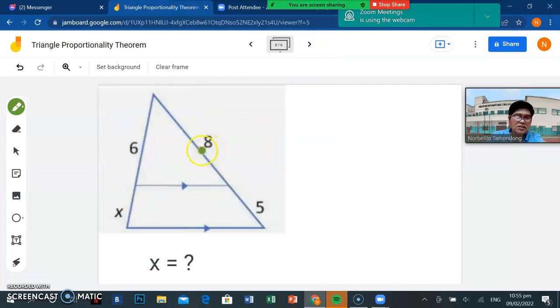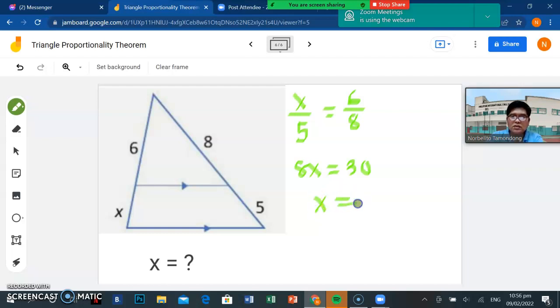Next, number 6, solve for x. Here, instead of using x is to 6, 5 is to 8, we will use this proportion: x is to 5 is equal to 6 is to 8. So 8x is equal to 30, dividing both sides by 8.